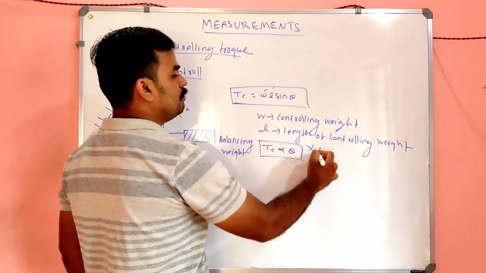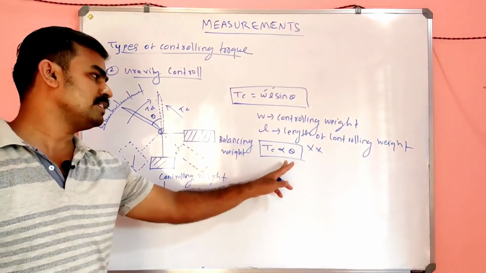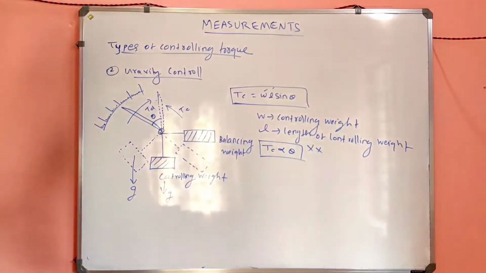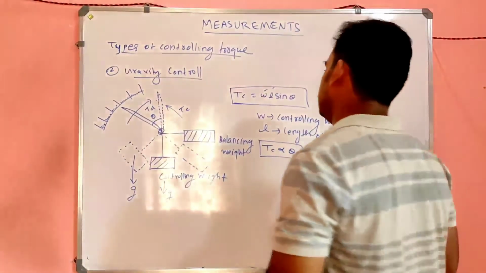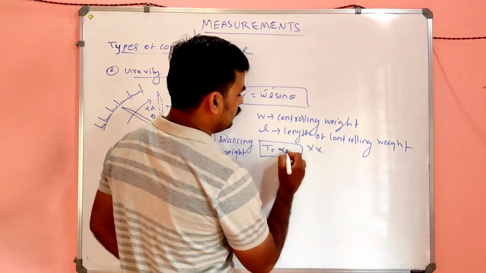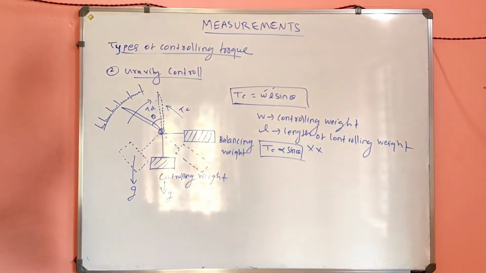This is a very, very important relation. You need not remember the derivation, but you must always remember this relation: in gravity control, the controlling torque TC is directly proportional to sin theta, not theta. Directly proportional to sin theta.